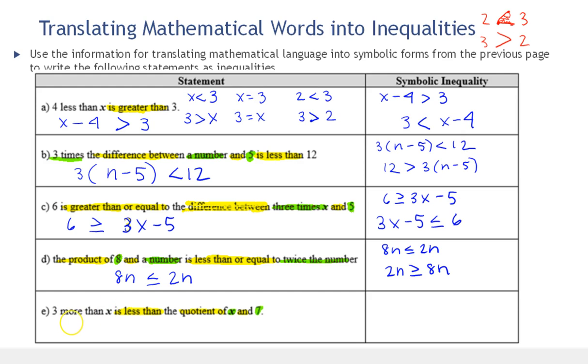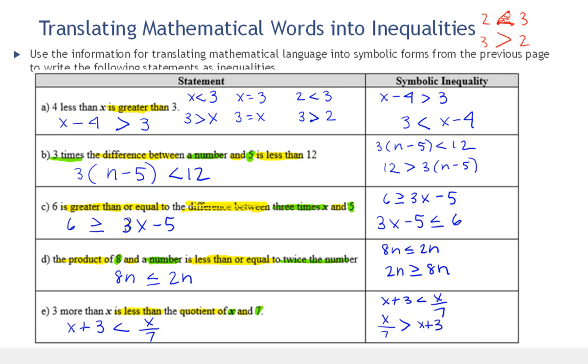So 3 more than x is x plus 3 is less than the quotient of x and 7. So x plus 3 is less than x over 7. And to write an equivalent inequality using a greater than symbol, the big part is pointing towards x over 7, so I'll reverse it. x over 7 is greater than x plus 3.